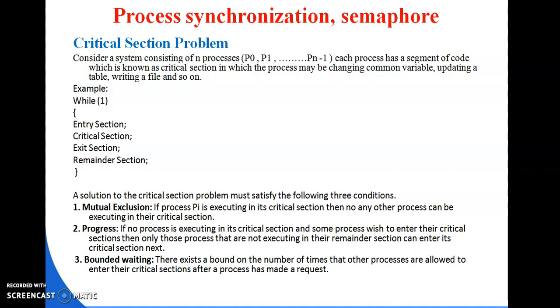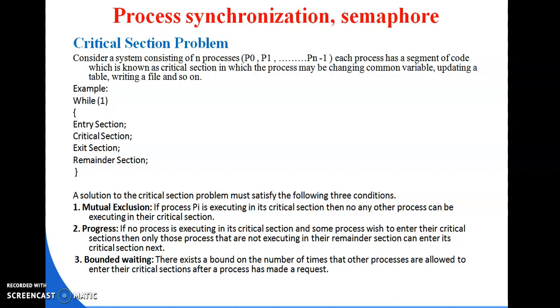The critical section problem is to design a protocol that the processes can use to cooperate. Each process must request permission to enter its critical section. The section of code implementing this request is the entry section. The critical section is followed by an exit section. The remaining code is the remainder section.